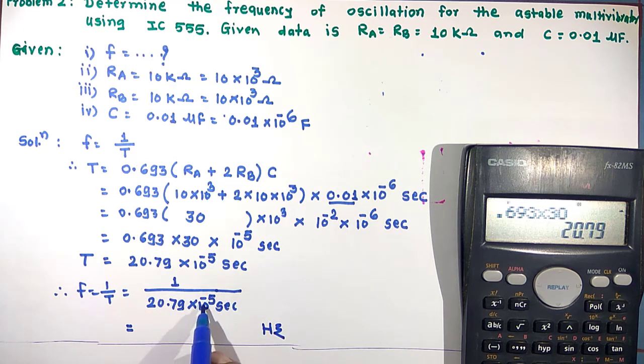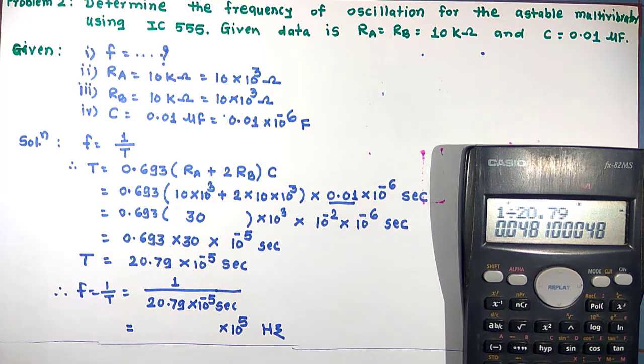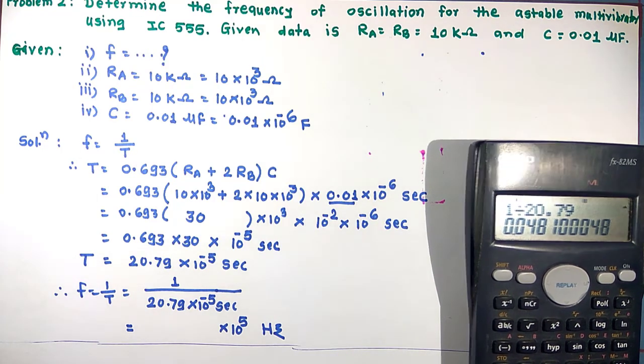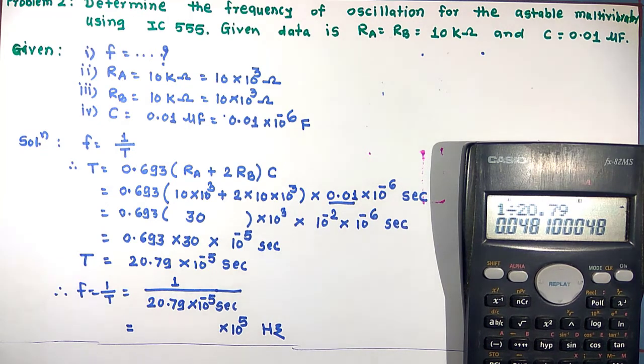This is 1 upon 10 raised to minus 5, so this is 10 raised to 5. And 1 upon 20.79 is 1 divided by 20.79, which is equal to 0.0481.